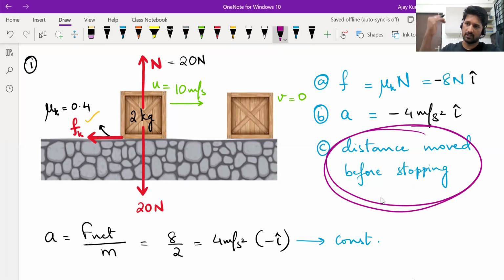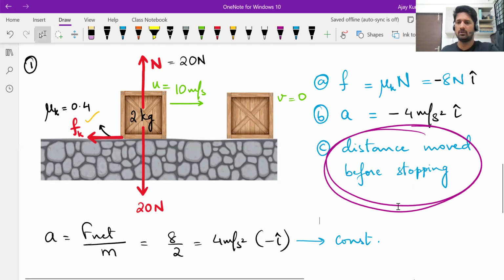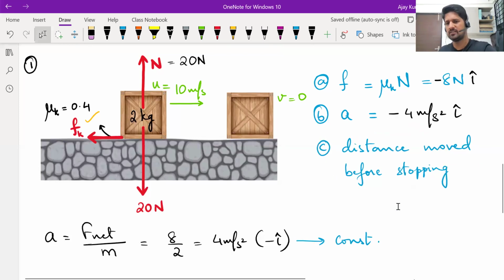So from friction, you find out acceleration. Then if it's constant, use equations of kinematics, get the distance. Those steps you'll have to think on your own. That's the difference between solving in class and solving in the exam. So you will need to practice a lot to be able to comfortably solve such questions. Is this clear to all of you? Any doubts in this?